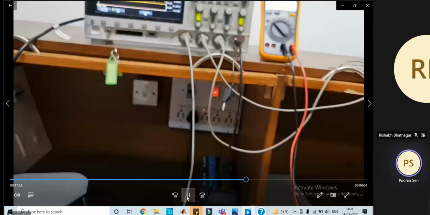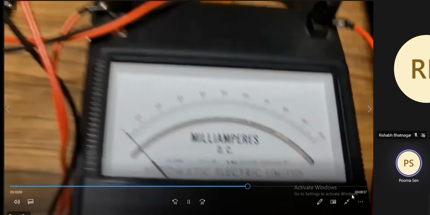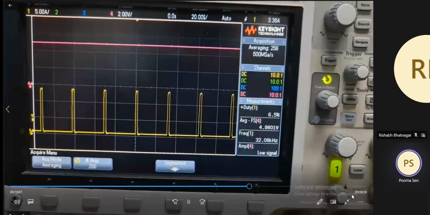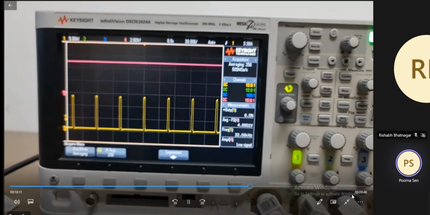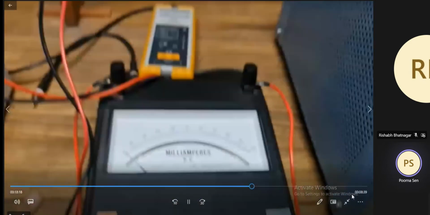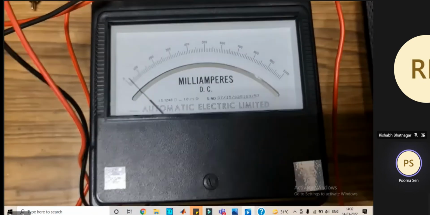So for the first reading, the load is set at 10 milliampere. Duty ratio is 6.5% and the output voltage is 4.980 volts. Now the load current is 20 milliampere.